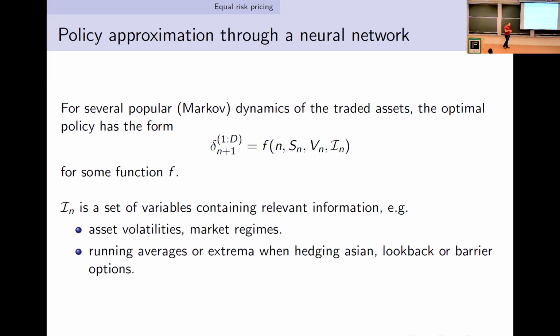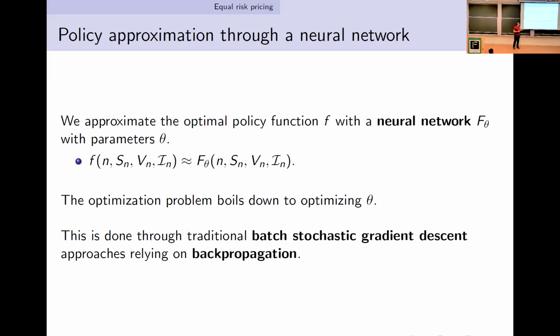So the optimal strategy is a function of all these variables, and what we'll do is simply approximate this function with a neural network. The optimal action at any time point is a function of these variables.